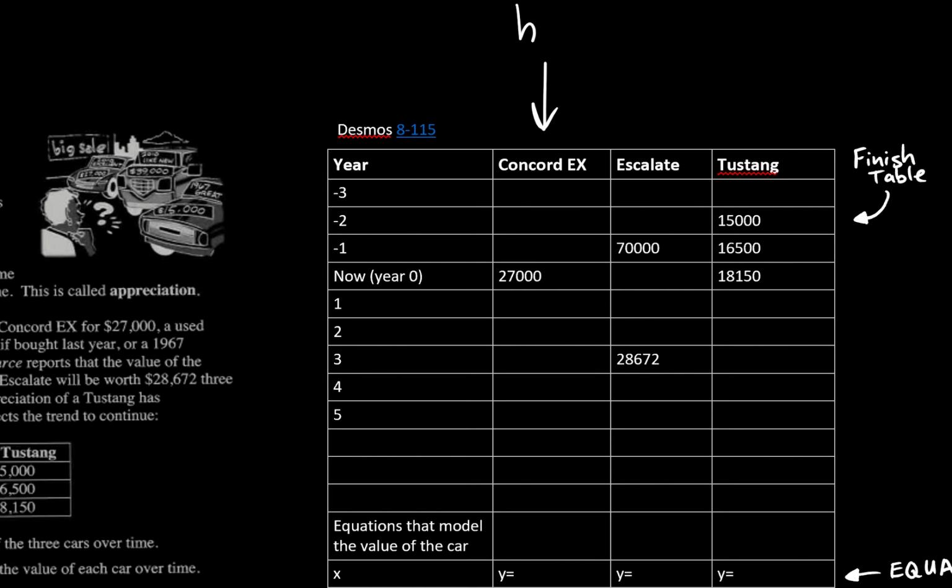So if I think about this for the Concorde, I know that my multiplier, that's the value of B, is 0.94. I also have year 0 here, right? So I could take year 0 and multiply by that 0.94 again and again and again.